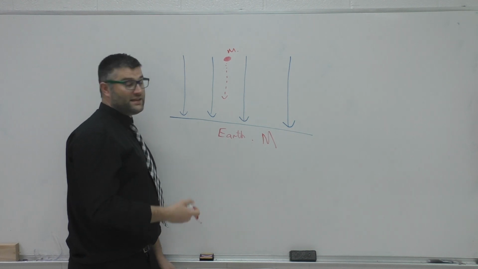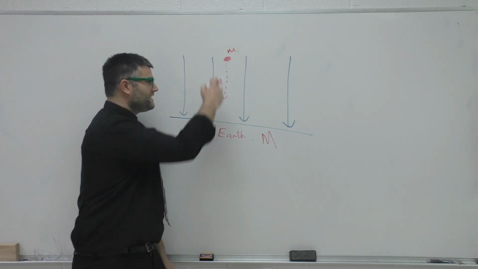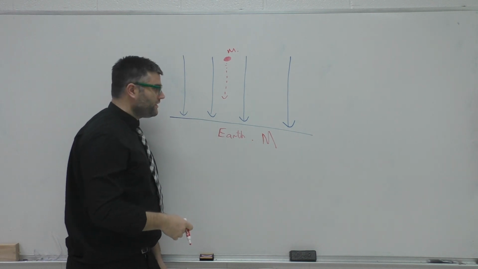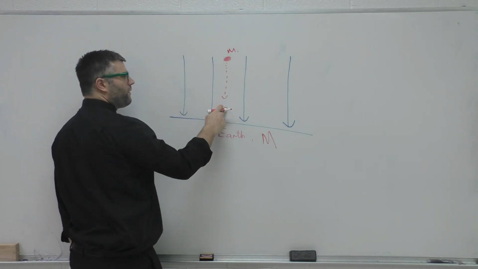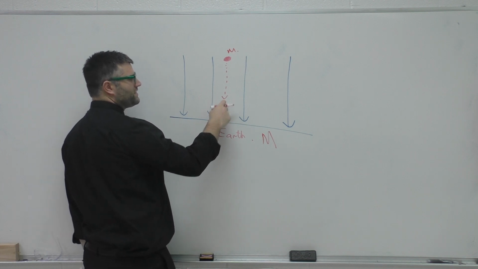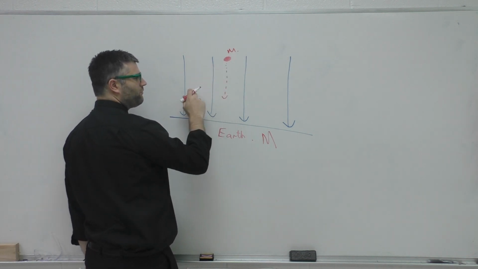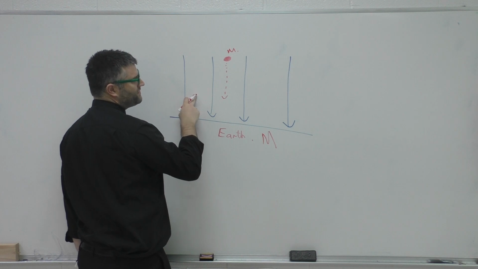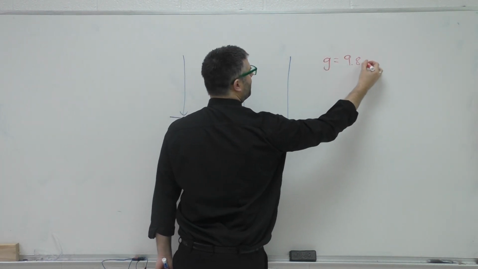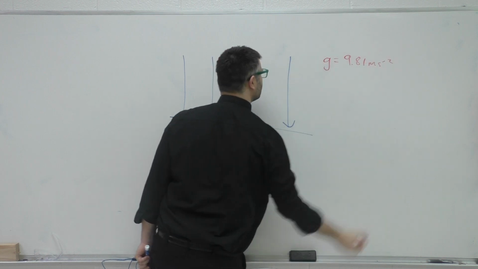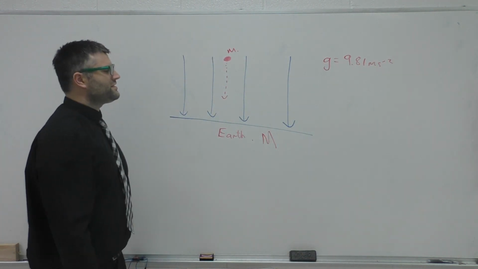However, that is technically the case. They exert equal and opposite forces on each other. So, when we're looking at these forces, this is what brings about the acceleration due to gravity, g, that you hopefully well know is 9.81 meters per second squared.